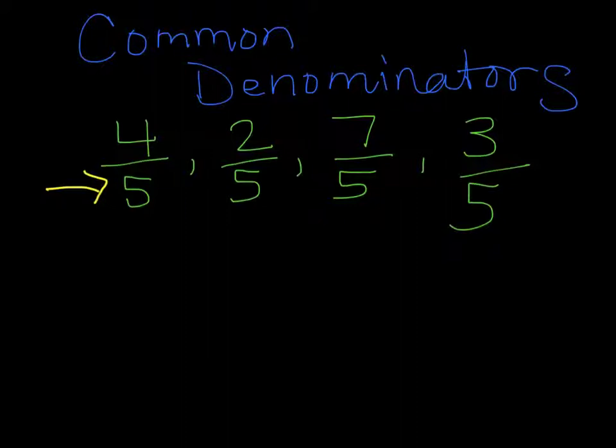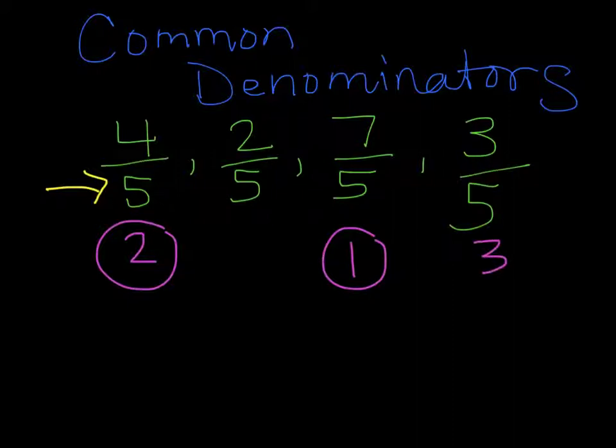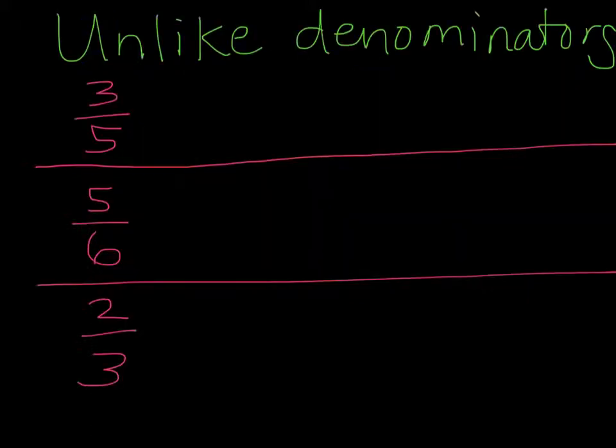If asked to organize them from the most pieces to the least pieces, you would say that 7 out of 5 has the most pieces, more than a whole pizza. Next would be 4 pieces out of 5, 3 pieces out of 5, and 2 pieces out of 5. Common denominators are easy to compare because you're dealing with the same size stuff.